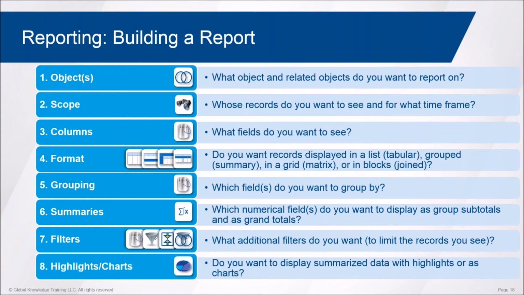So I select my format, and I can change my format sort of on the fly. If I'm using a matrix report format and I want to change over to summary, there's no issue with that. It obviously changes the presentation of that data, but it's technically possible and something that people do quite often if they need to see that data differently.